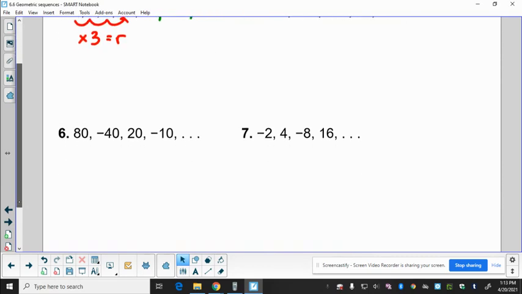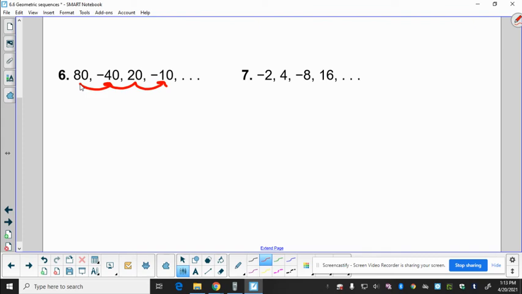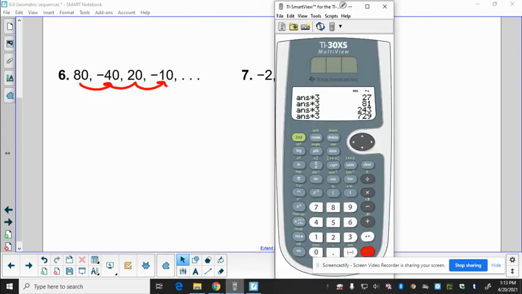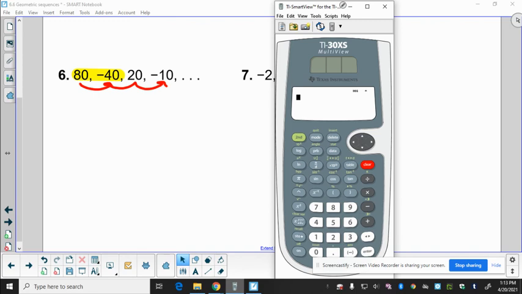Okay. Let's try number 6. Can we determine what's going on here? And now remember, if you cannot, take the first 2 numbers, and I'm going to divide them in reverse order. So I'm going to take negative 40 divided by 80. It's negative 0.5.